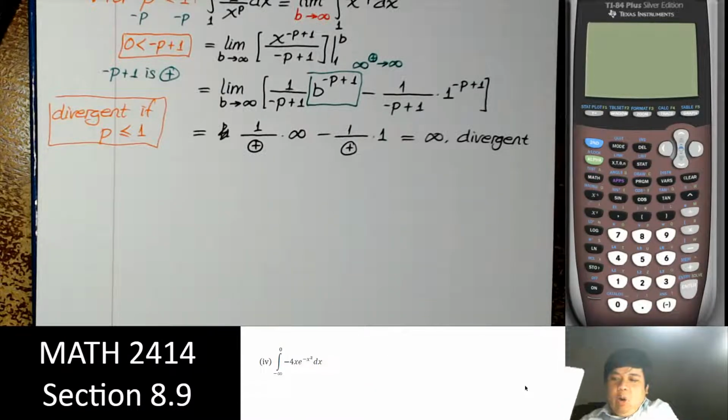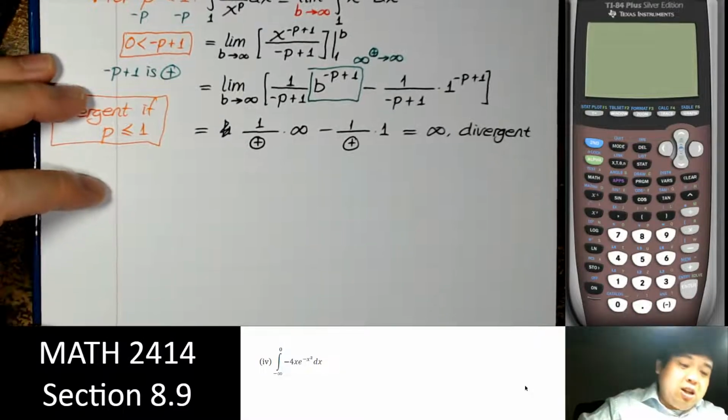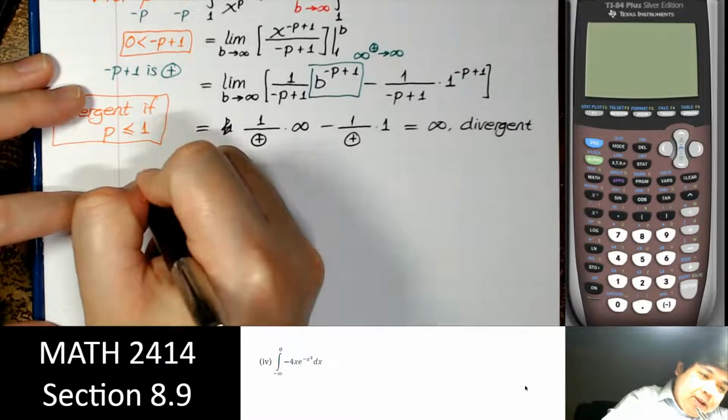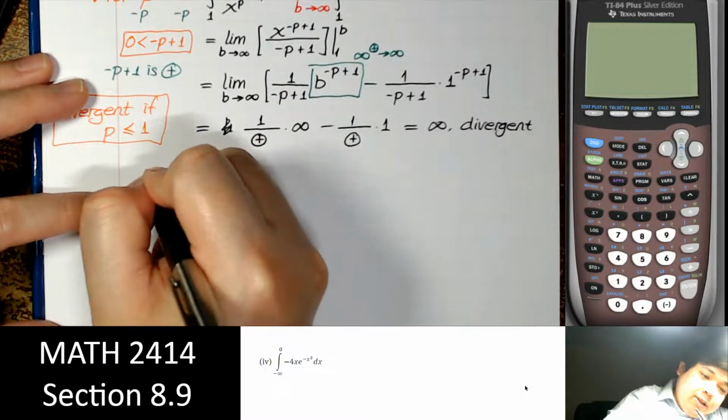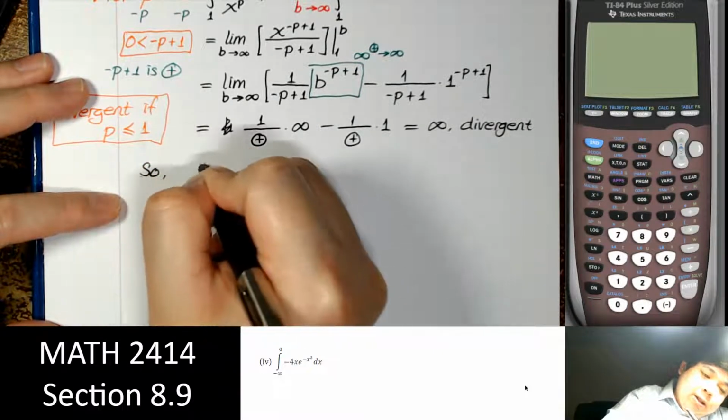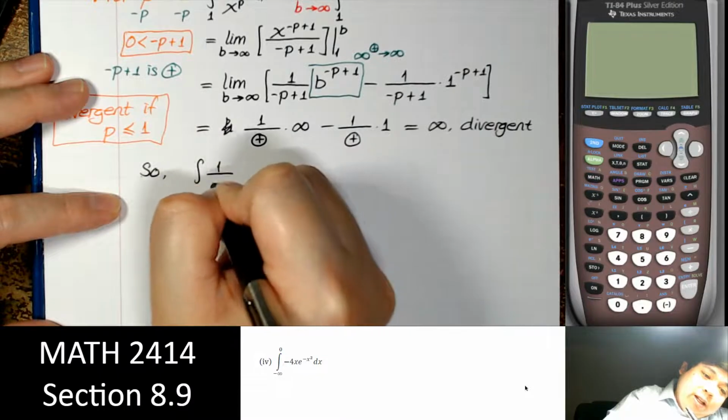The examples in homework will be easier. We might have something like 1 over x squared or 1 over square root of x. In that case, it's 1/2. So let's just look at this real quick. Let's see, what do we have here?